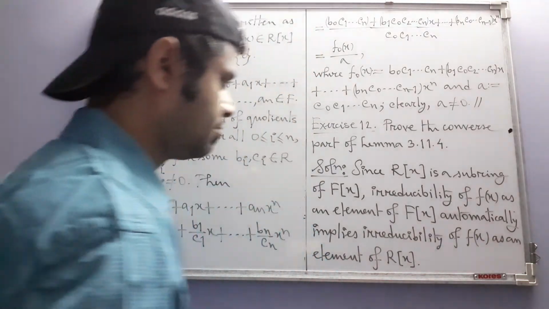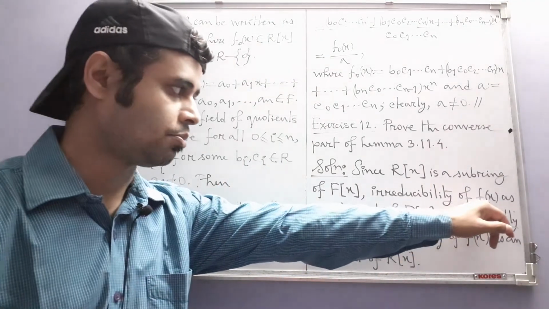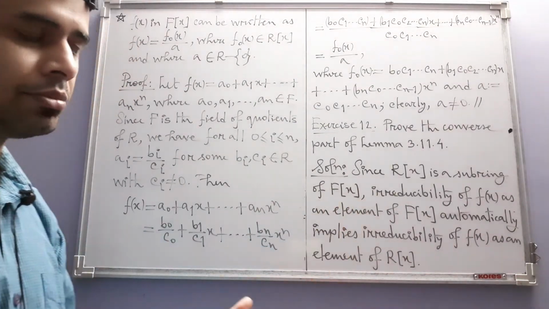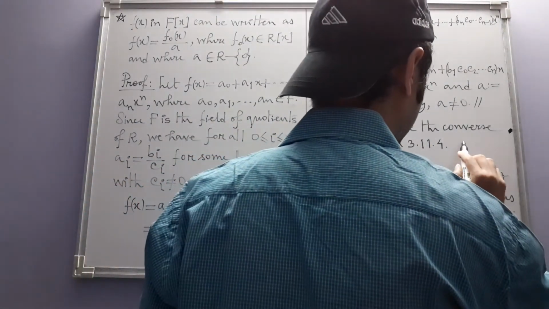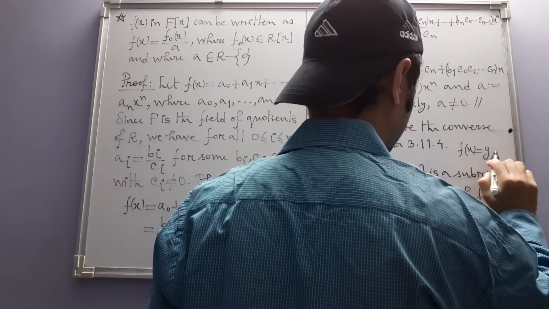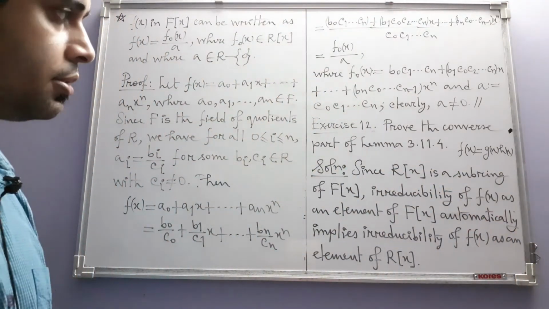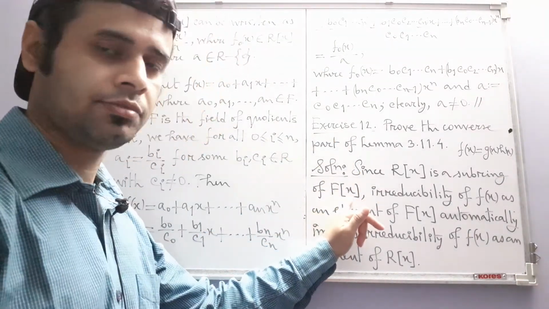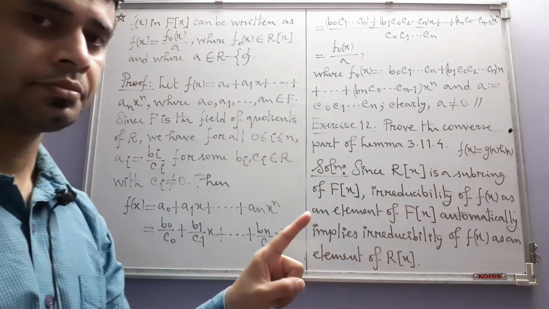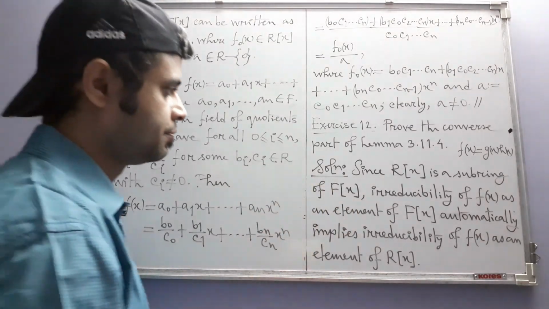And why is that so? You see, when we are saying that f(x) is irreducible as an element of F[x], that means if we are able to write f(x) as a product of two polynomials which themselves are in F[x], then one of them has to be a unit in the polynomial ring F[x].